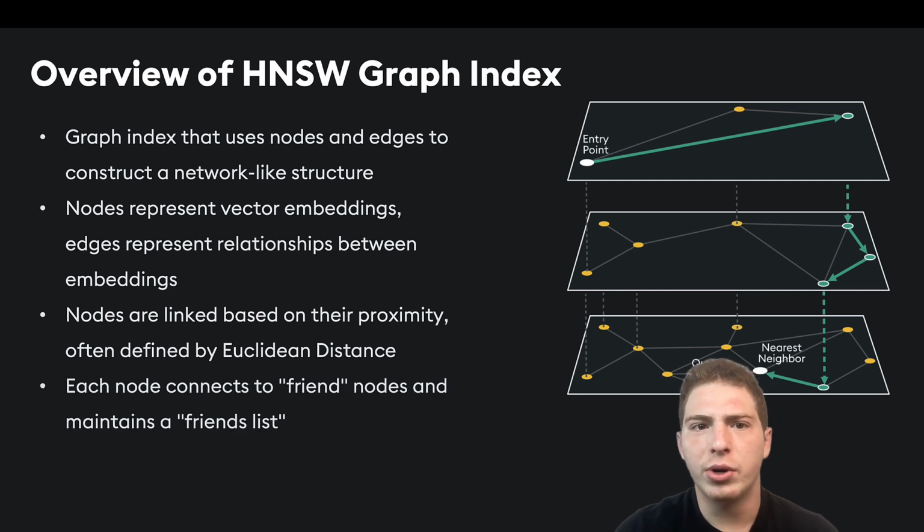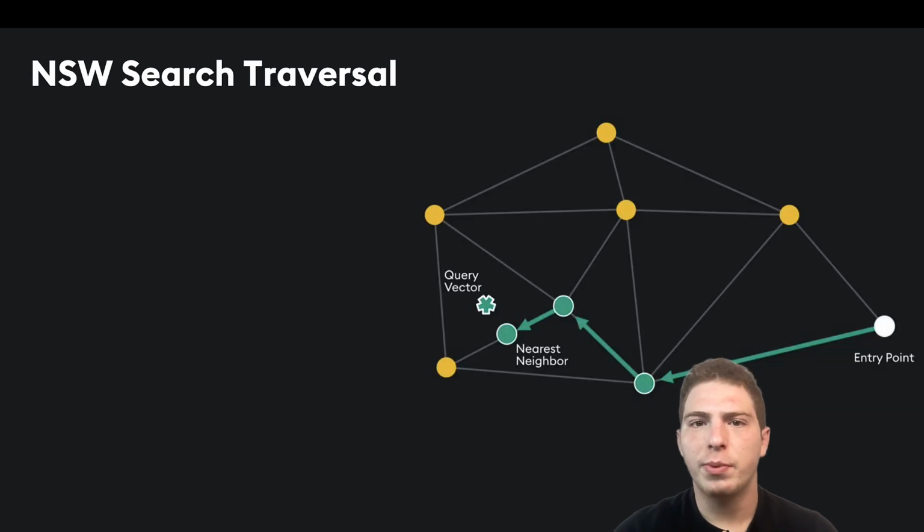Each node in an HNSW graph index has a set of friend nodes, and it maintains its own friend list. To better understand HNSW graph traversal, let's first look at NSW search traversal. NSW stands for navigable small worlds, which means we're not at the hierarchical stage yet.